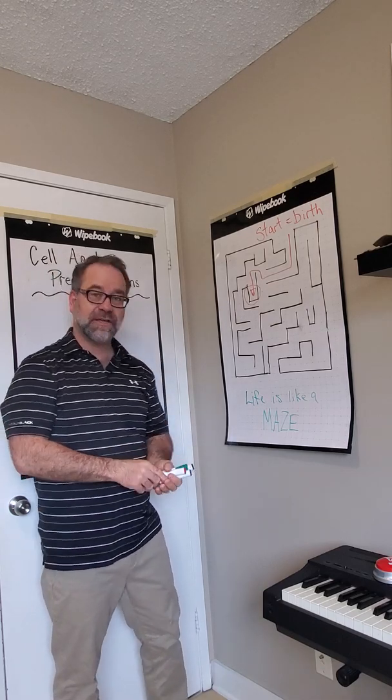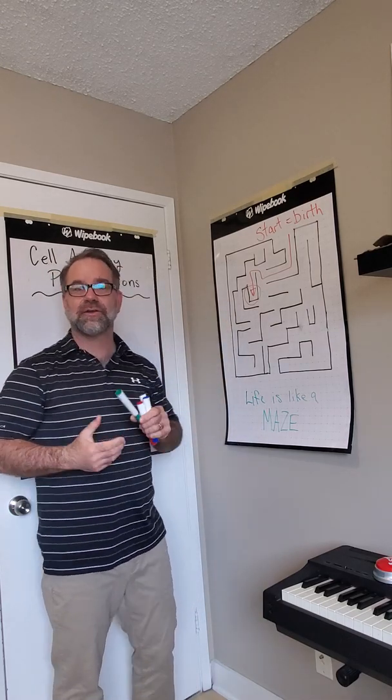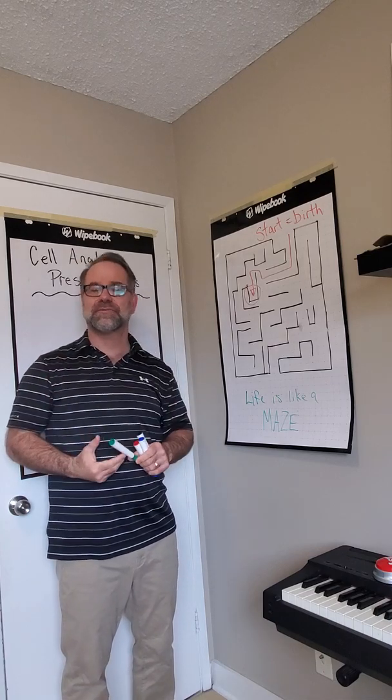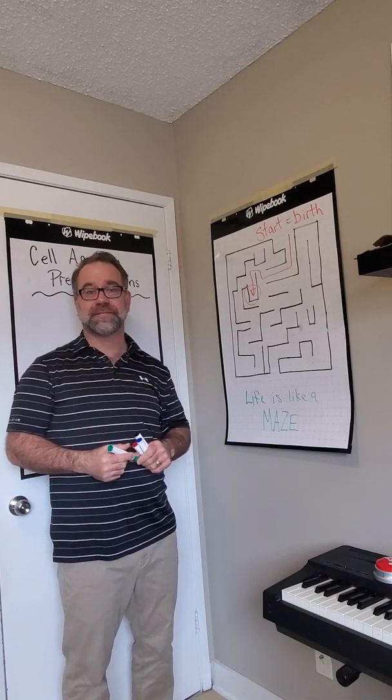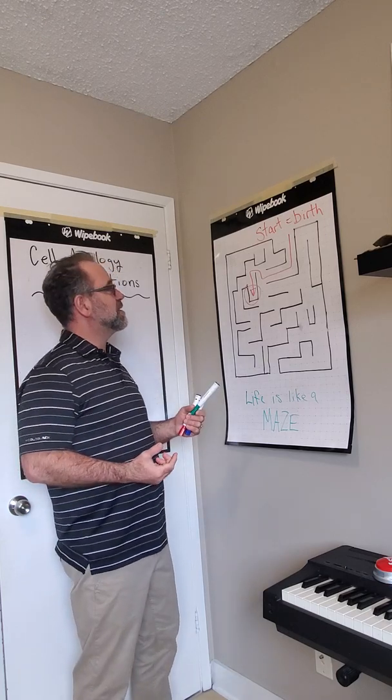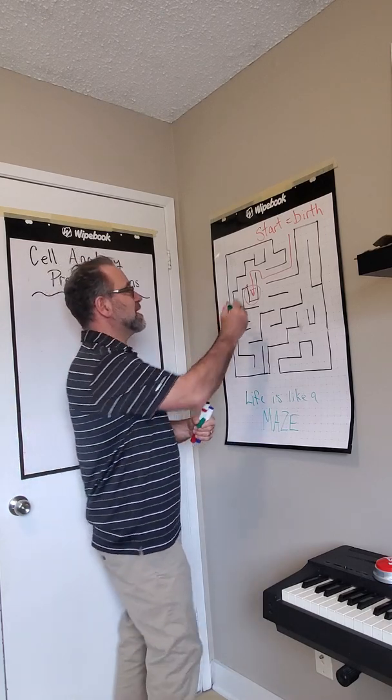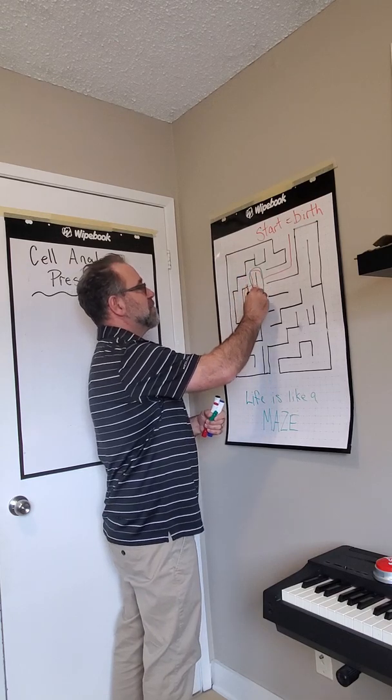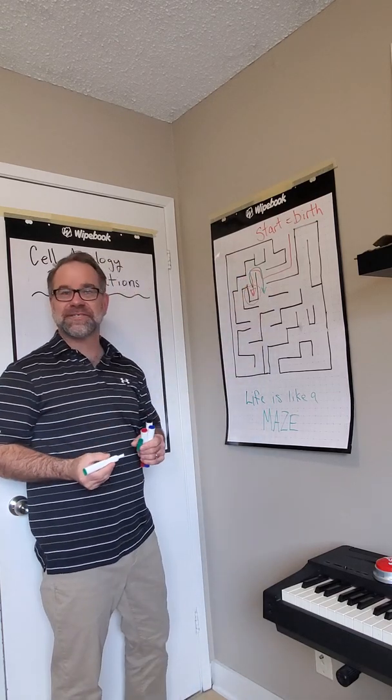Dead ends in a maze are like mistakes that we make, wrong turns, or maybe troubles and things like that that come our way that we have to deal with. They're things that force us to go back and make better decisions.